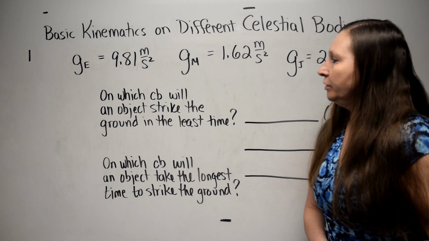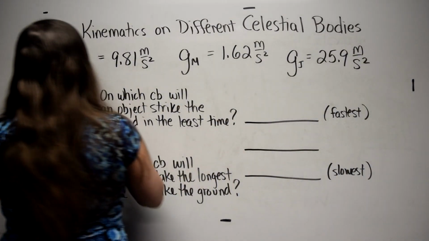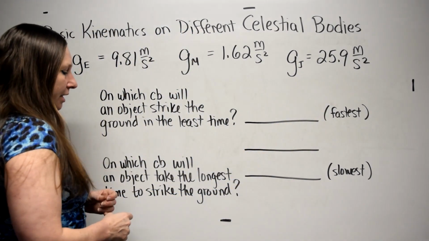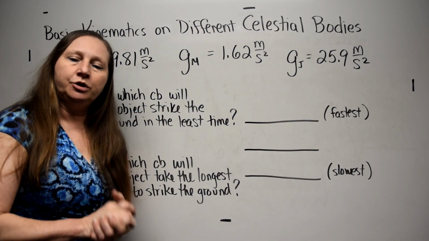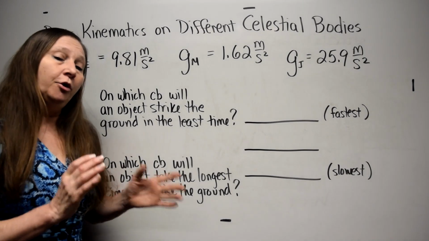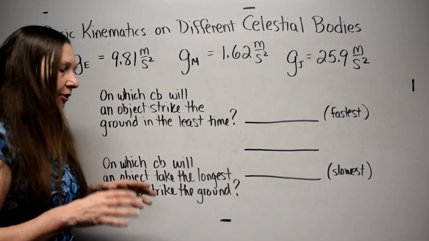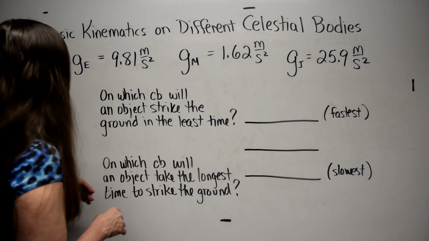All right? So now here we have the acceleration due to gravity for the Earth, for the Moon, and for Jupiter. We're going to do some calculations in just a minute, but before we do the calculations, let's think about how we think those calculations are going to turn out.